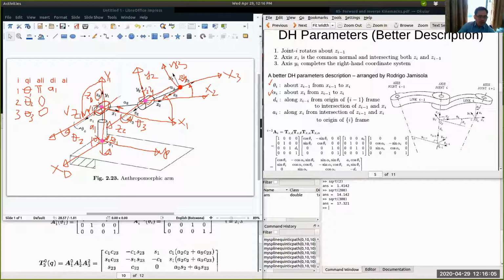So Z1 and X2, that is the intersection, and it's coincident with the origin of frame 1, and so that is 0.